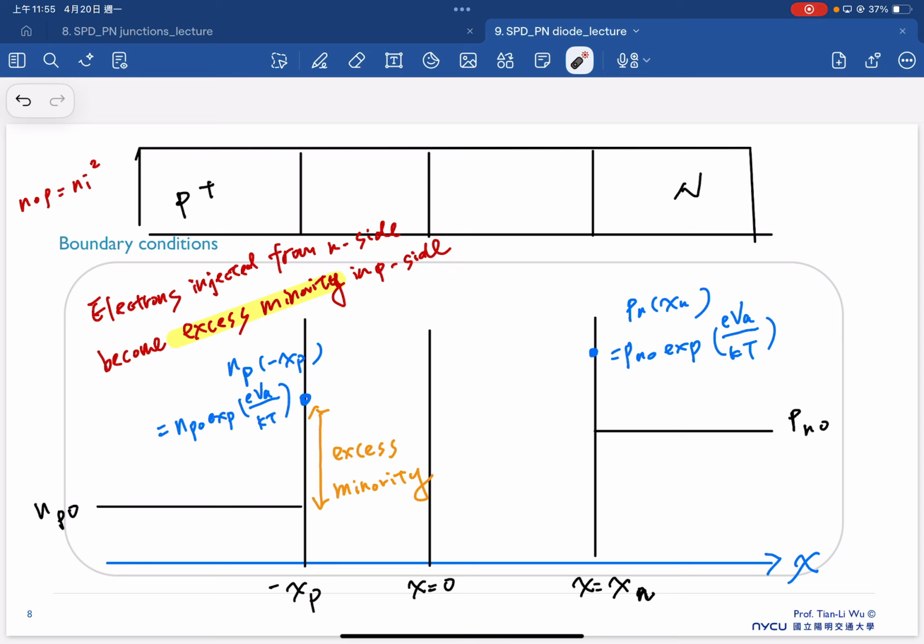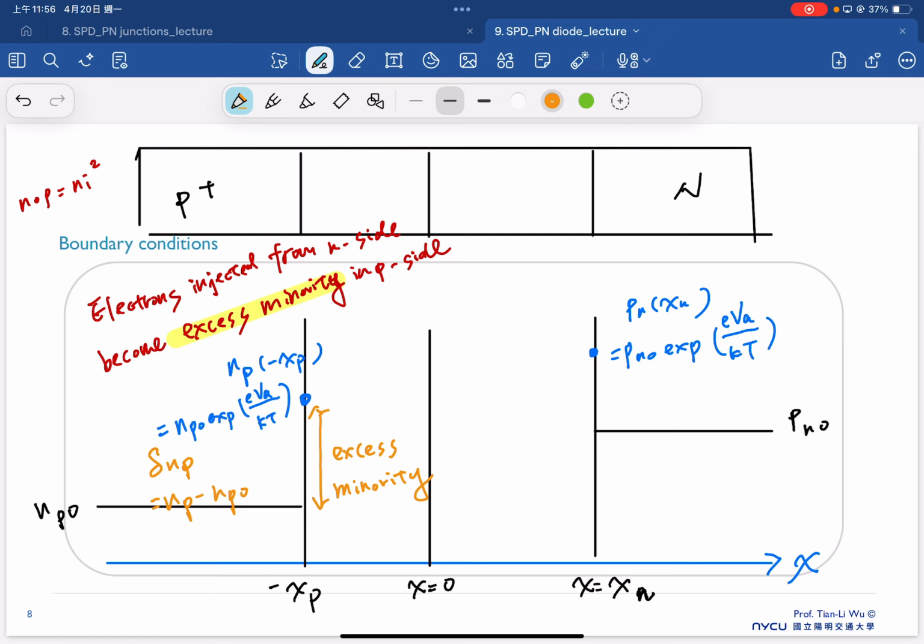And finally, this excess minority is equal to NP minus NP0, right? If you can follow, the illustration here is not that complicated, you just need time to think about this and try to digest it.